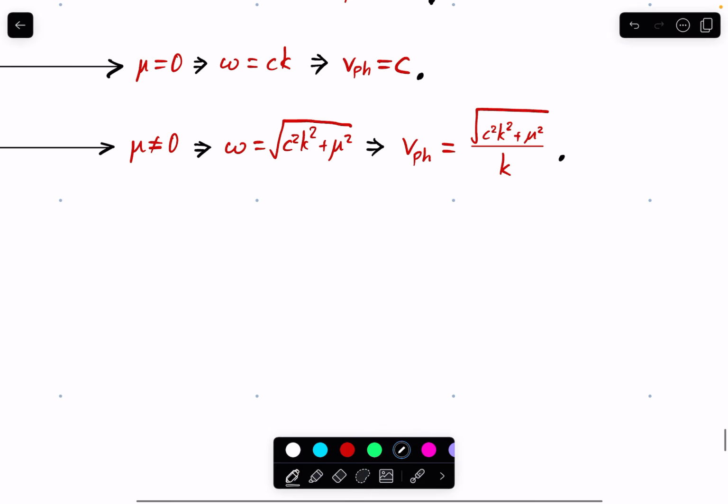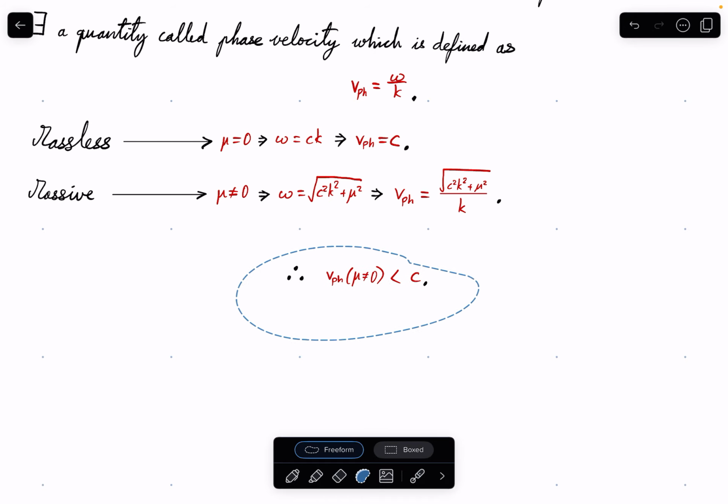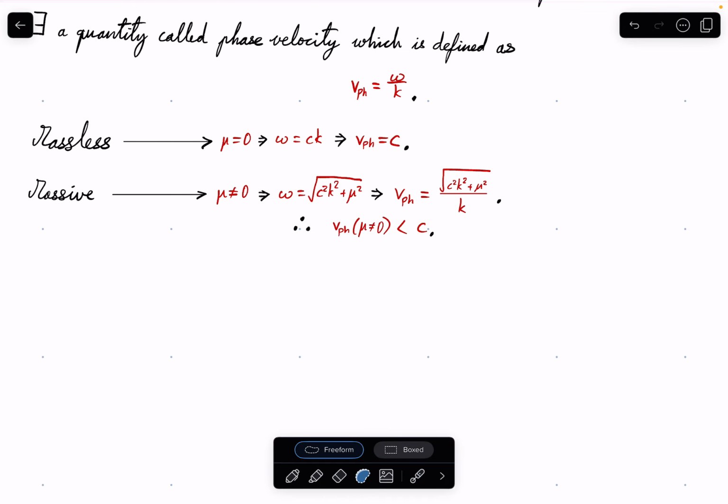And it turns out that this means that this phase velocity for massive particles is always less than c, which means that particles that have mass must travel less than the speed of light. So we can see that these wave mechanics can obey special relativity.